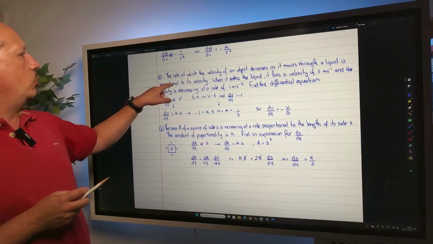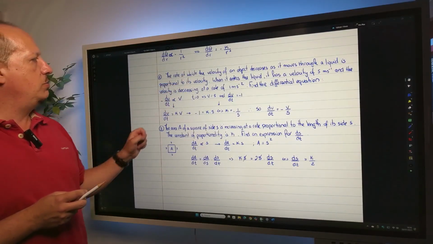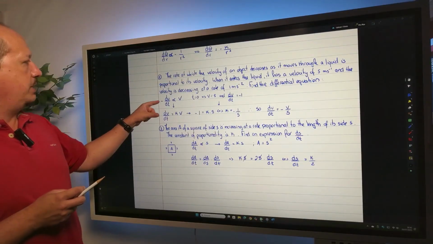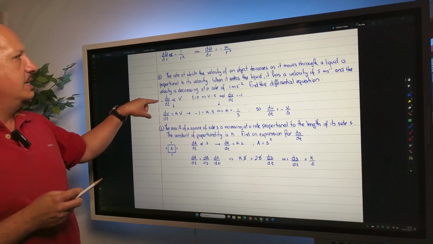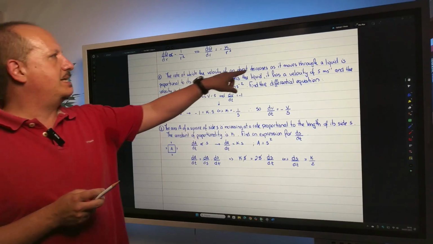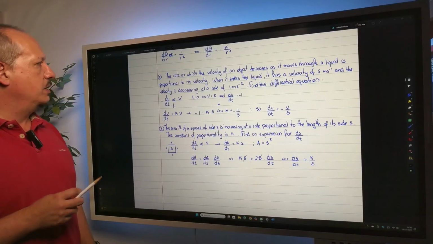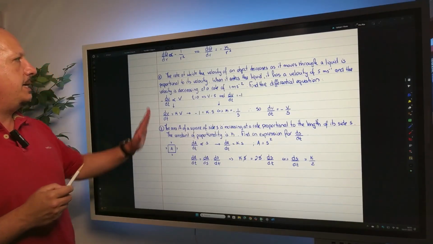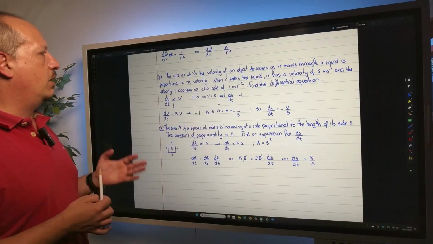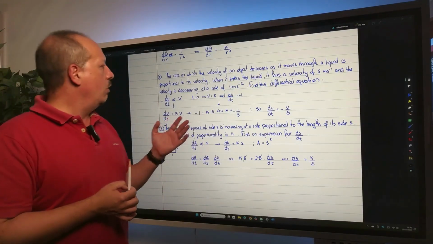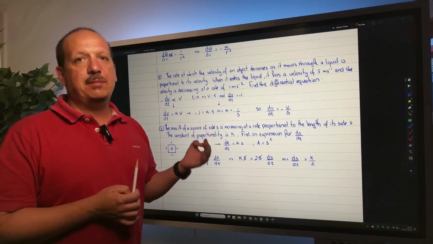It is proportional to its velocity, so symbol of proportionality, proportional to v. I could have put this minus over there. In this case, I opted to stay over here. This minus represents the fact that this is decreasing, as I mentioned before. Okay? So it also says that when it enters the liquid, it has a velocity of 5 meters per second. So when does this happen? Entering the liquid means that the time is going to be 0.